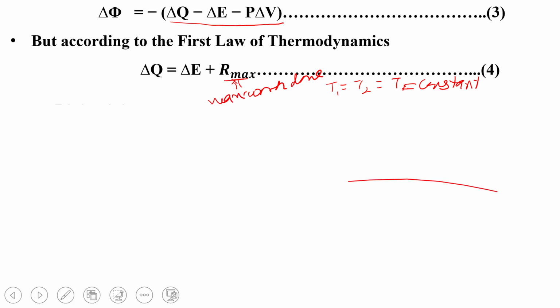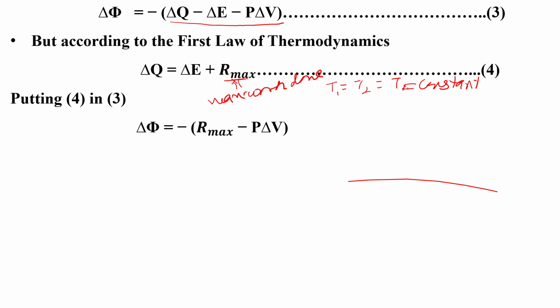Next, putting equation number 4 into 3, we can rewrite it. This del phi comes out to be minus, R max minus P dV.